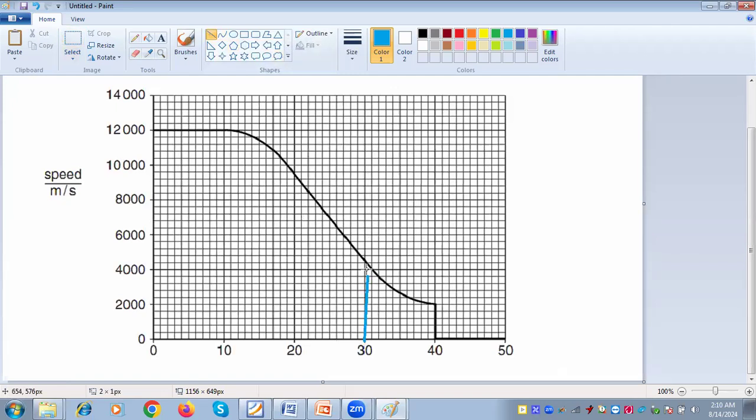We will take the easier one, t equals 20. The graph is a straight line. This part is uniform. Okay, so what is the speed at this time?